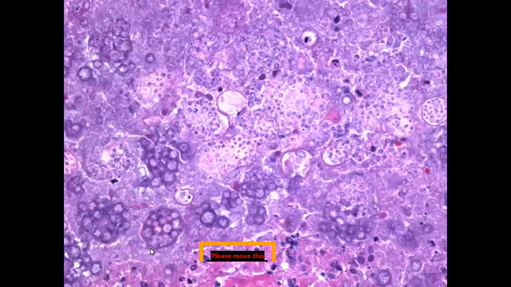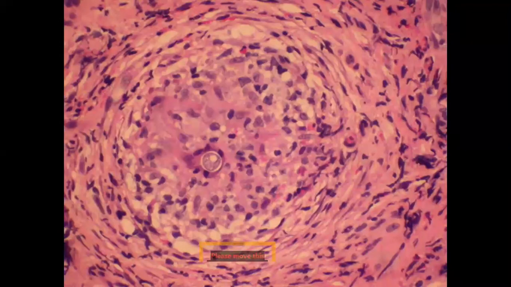And if you stain this slide with PAS, that is periodic acid Schiff stain, this same fungus is going to stain dark pink in the slide. And if you stain it with silver stain, it is going to stain black. This is a granuloma. So you have a fungal spore in the center, and you have epithelioid cells.